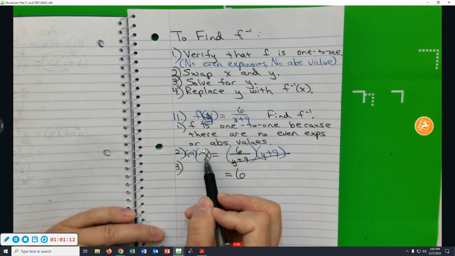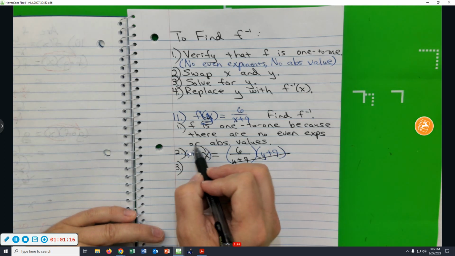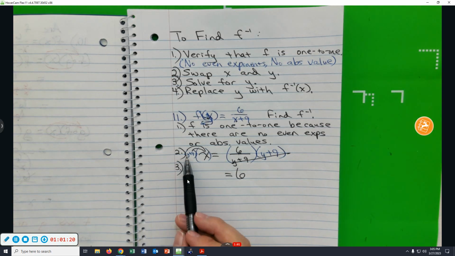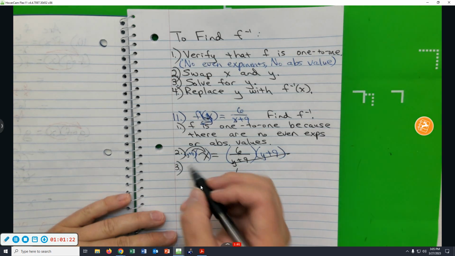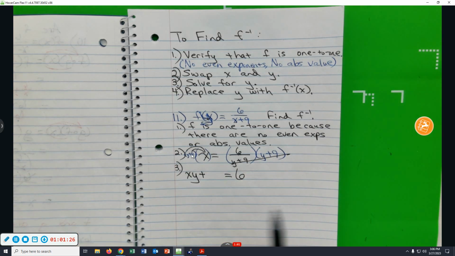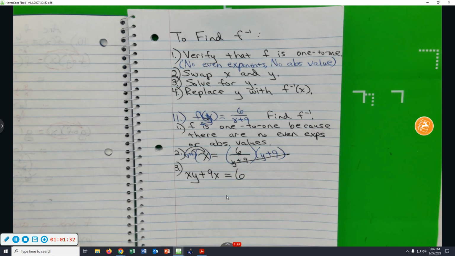But on the left side, we have a monomial times a binomial. We're going to have to distribute. X times y plus 9 is xy plus 9x. Did y'all follow? Any questions? That's the tricky step here in this problem.